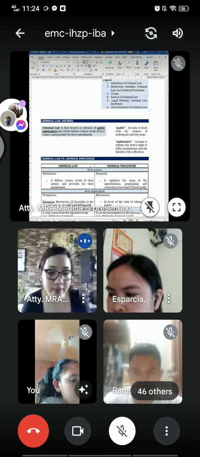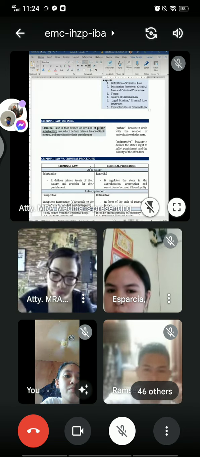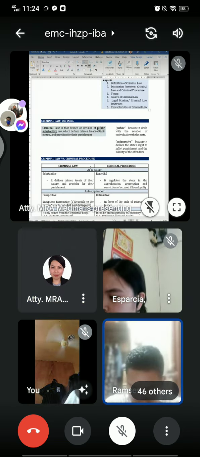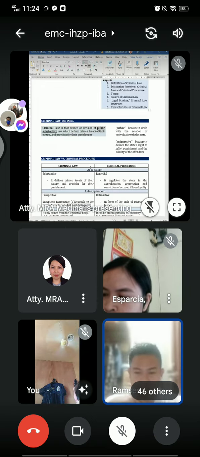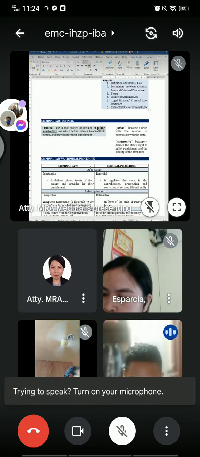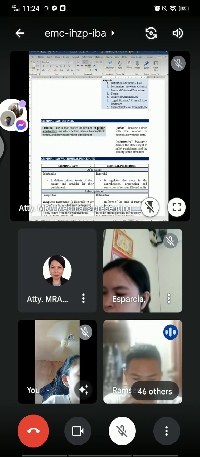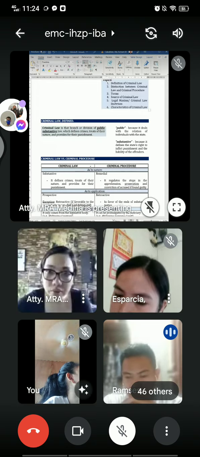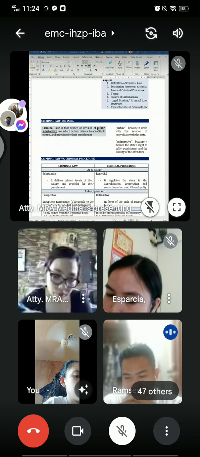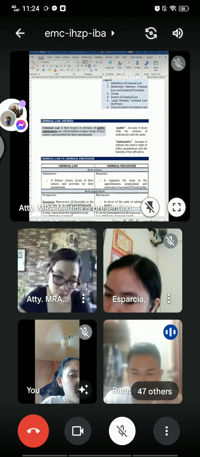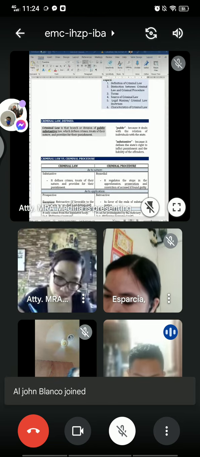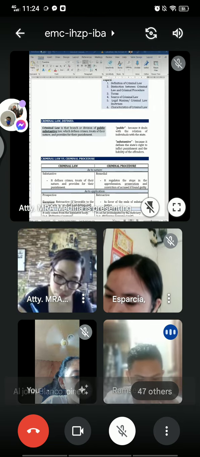So criminal law is that branch of municipal law that defines crime. Inside the criminal laws, especially Book 1, it tells us that there are a lot of crimes, and it also says the traits of their nature.